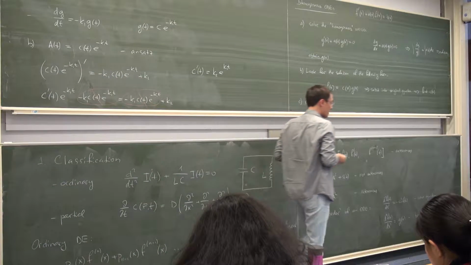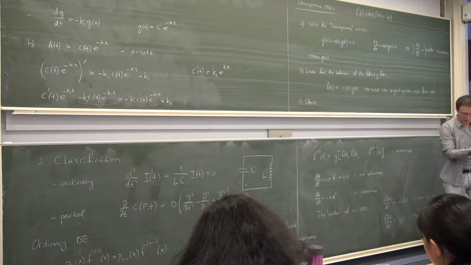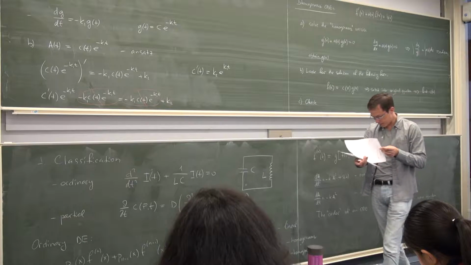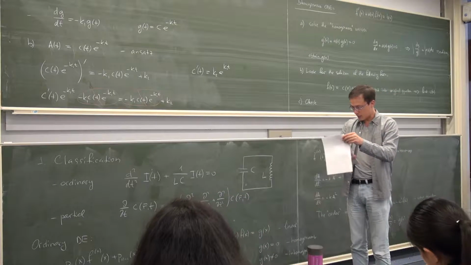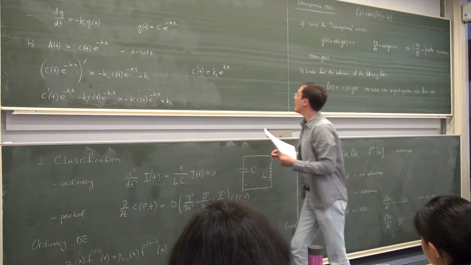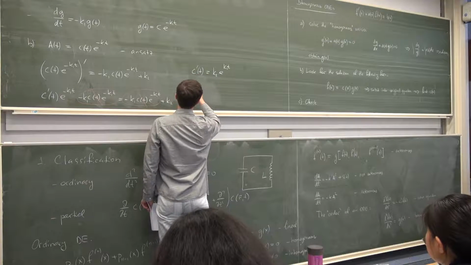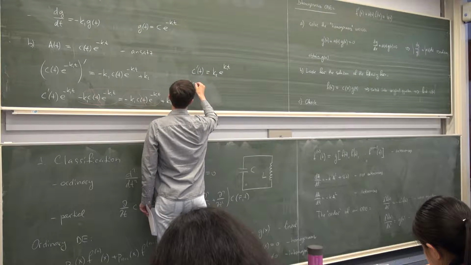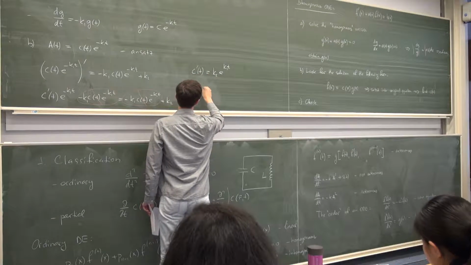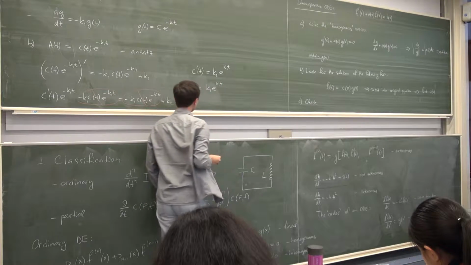And this is, of course, trivial to integrate. We just integrate it immediately. Let's see if I haven't made any arithmetical mistakes so far. No, I haven't. Okay, so that's a c prime. So that's the dc by dt. dc by dt is k2 e^(k1t).